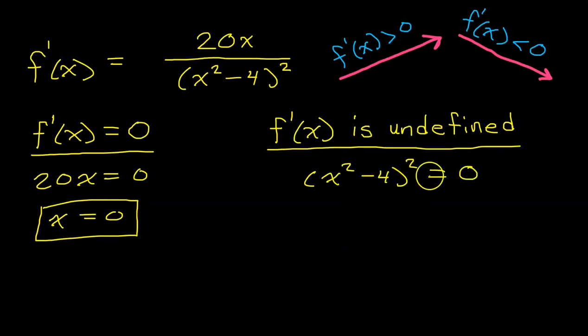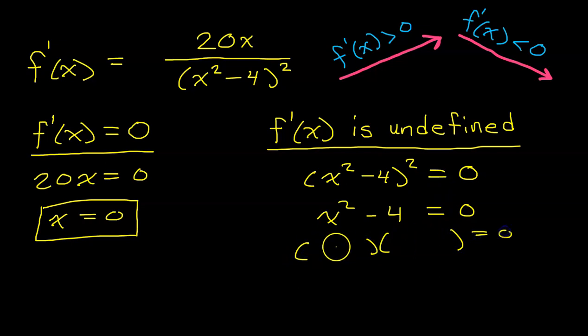But if you take the square root of both sides, you're going to immediately get x squared minus 4 equals 0. Is this looking familiar? We could factor this and get x plus 2 times x minus 2, which will give us x equals negative 2 and x equals positive 2.